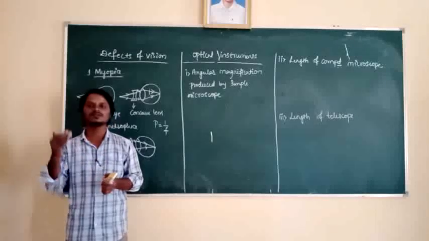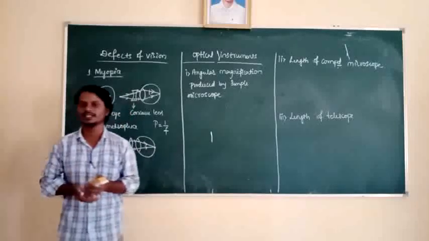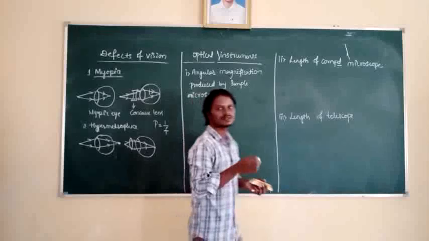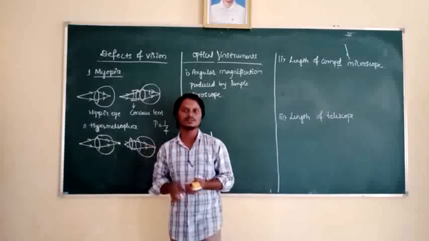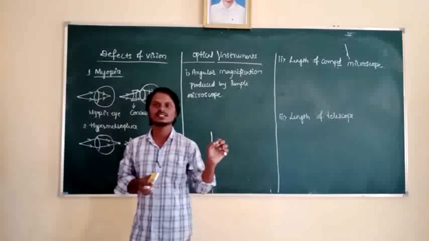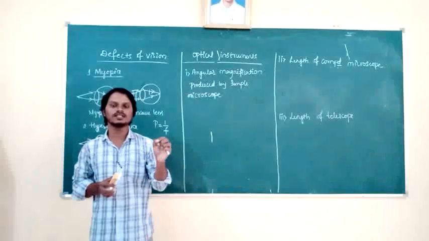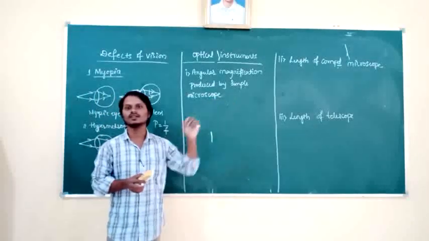The telescope is used to see the distant objects nearby. Micro means very small, scope means to see. To see the very small objects, we are going to use the microscope. Telescope: tele means distant, scope means to see. So telescope is an optical instrument which is used to see the distant objects.